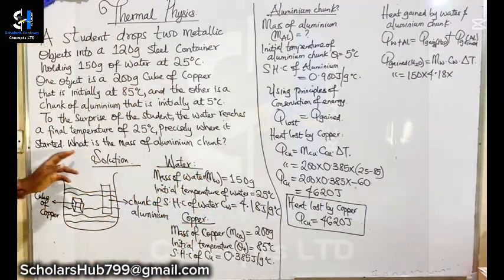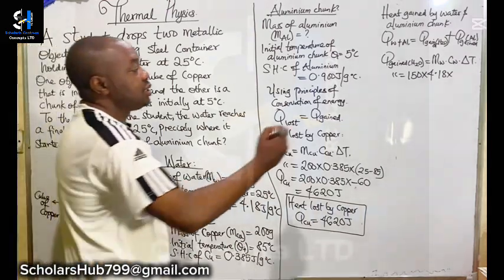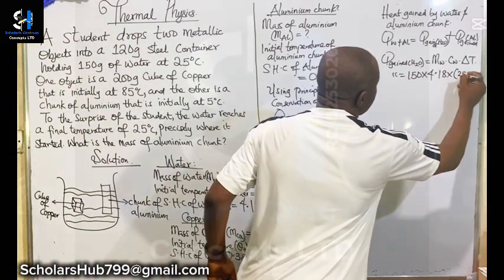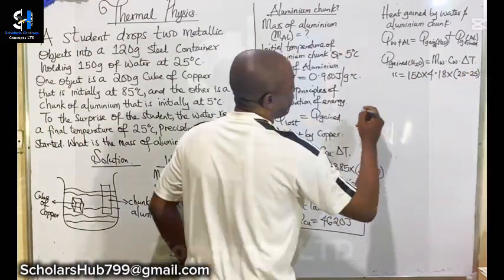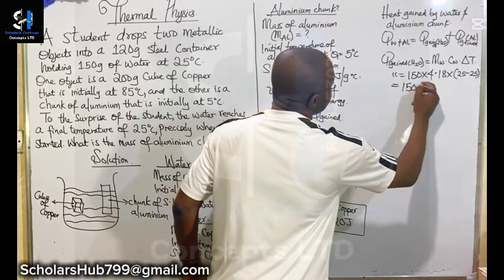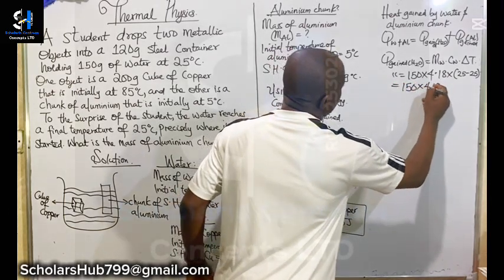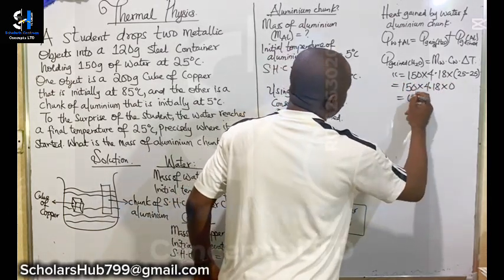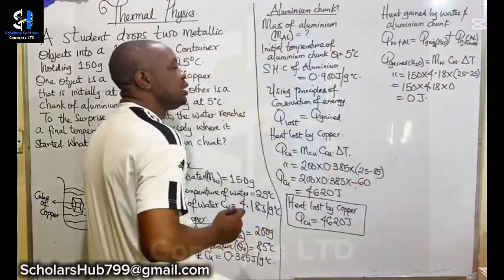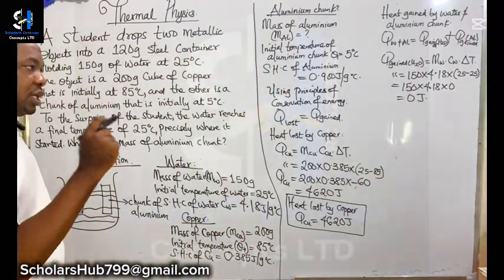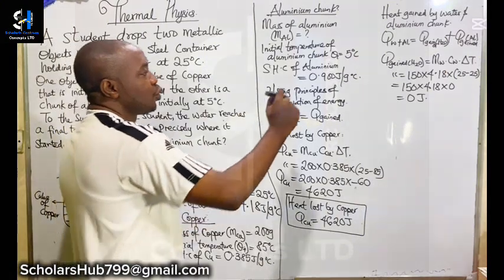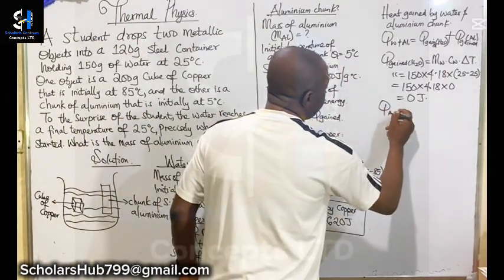So we have 25 minus 25, and this will be 150 multiplied by 4.18 multiplied by 0, which means the heat gained by water is 0.